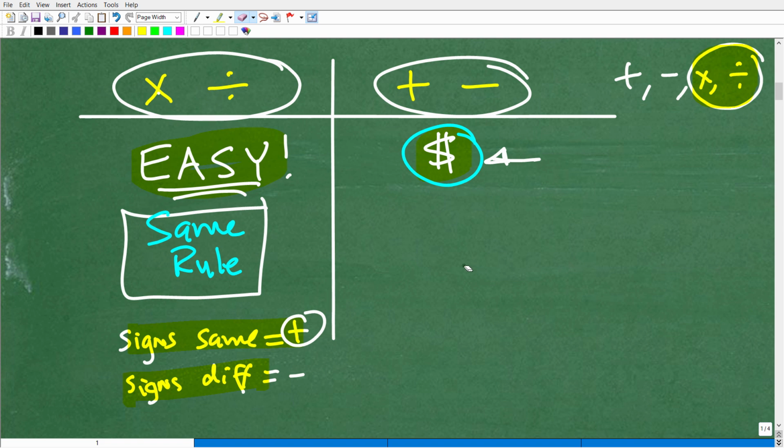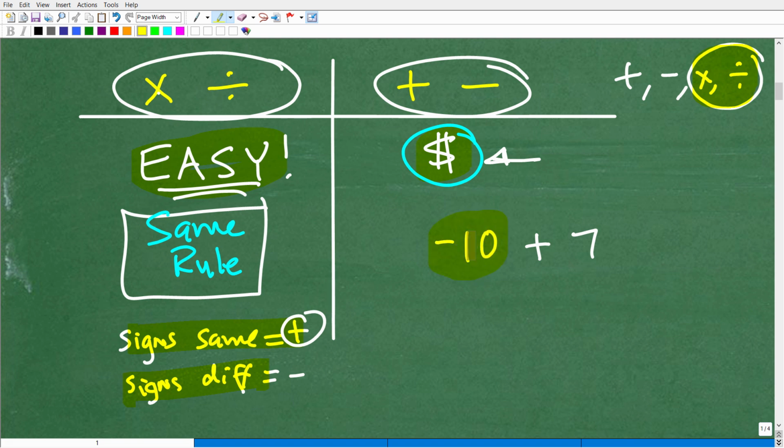All right, so let's take a look at a problem here. Let's start off with -10 plus 7. All right, -10 plus 7. Let's think of this as debt, something that you owe.